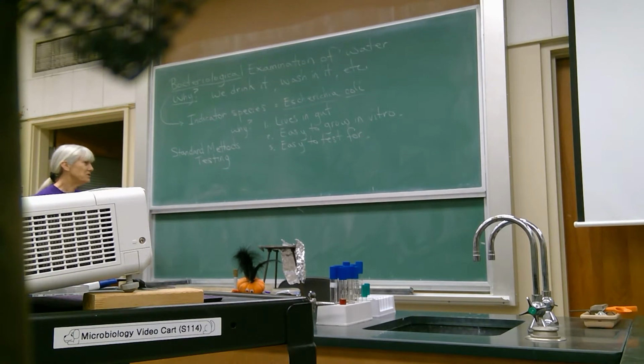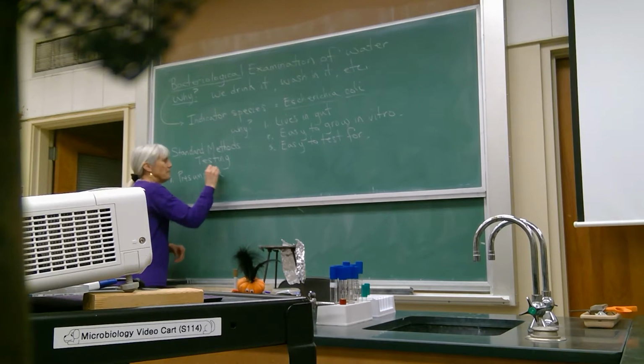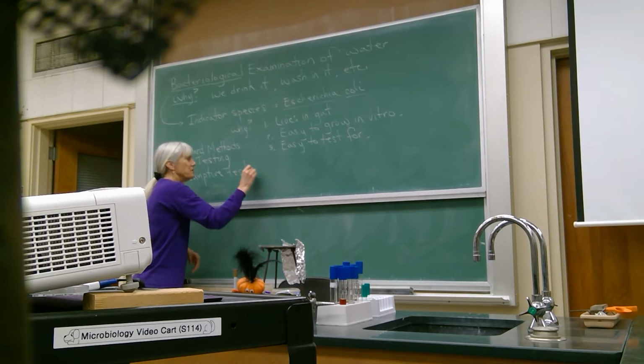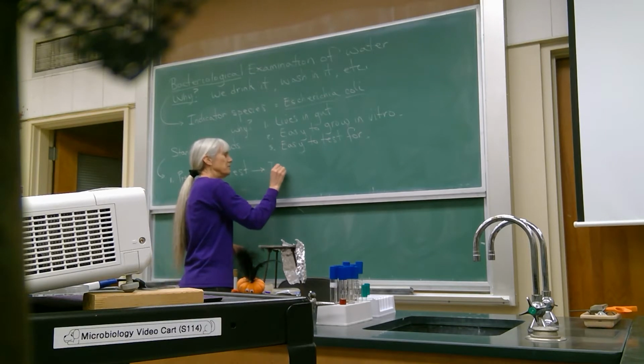So the standard methods, there's 3 parts. The first part is called a presumptive test. And a presumptive test as we're running it is a double strength phenol red lactose broth.